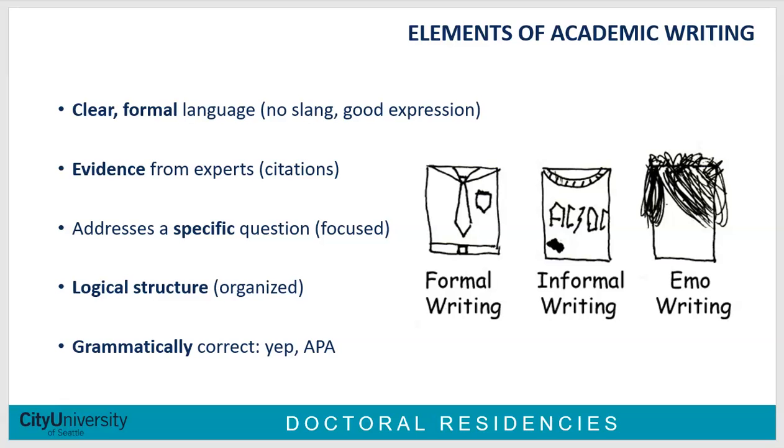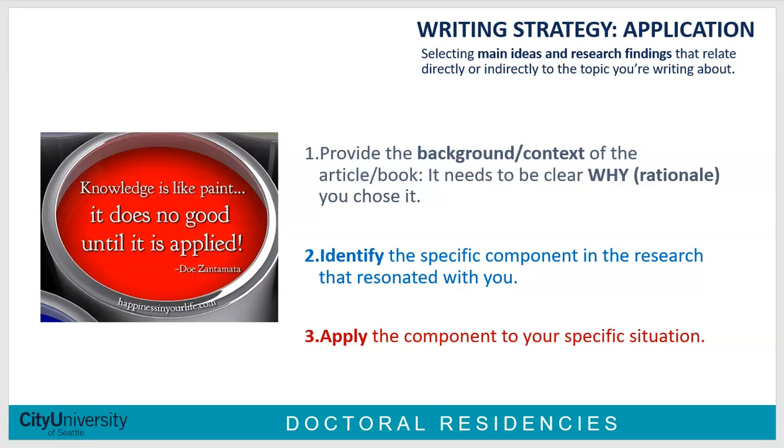Now, I mentioned earlier specific writing strategies, higher order writing strategies, and the first one I want to cover is application. Application is the strategy of selecting the main ideas and research findings that relate directly or indirectly to the topic you are writing about. You can think of it in 3 ways, 3 components of application.